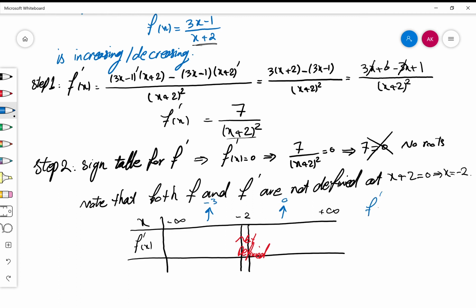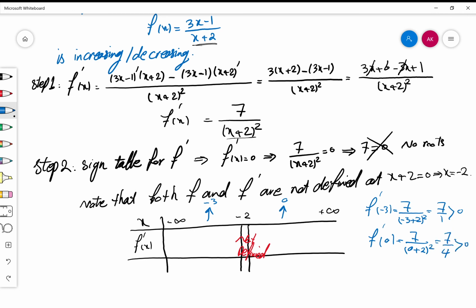f prime at -3 is 7 over (-3 + 2) squared. That is 7 over (-1) squared, which is 7. This is a positive number, and then f prime at 0 is 7 over (0 + 2) squared, which is 7 over 4.